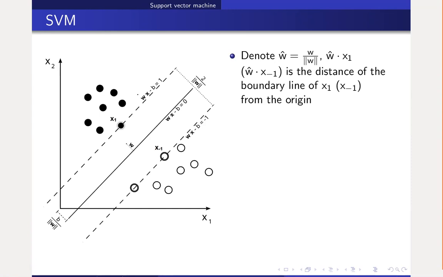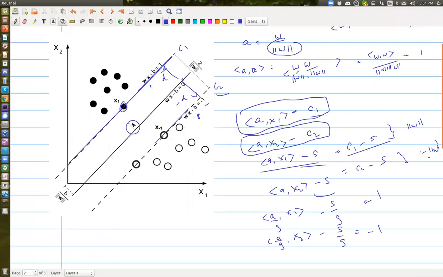I can always shift so that along this line satisfies this equation, and along this line satisfies this equation here. Not enough coffee today, I guess.